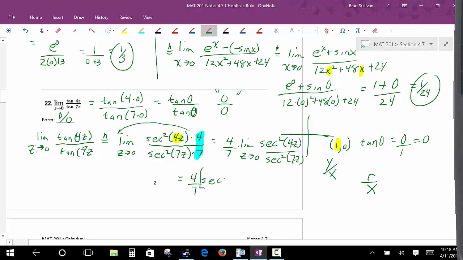And you can write this as secant of 4 times 0 to the second. And you can do this in your head. I mean, you don't necessarily have to write this step this way, but you are evaluating that limit like that. So what you end up getting is 4/7 times 1 to the second over 1 to the second. So that means the answer to this problem is 4 over 7.